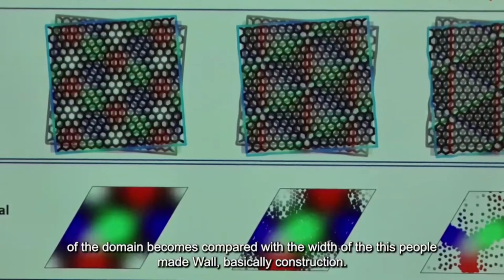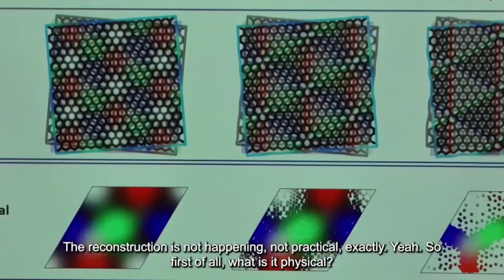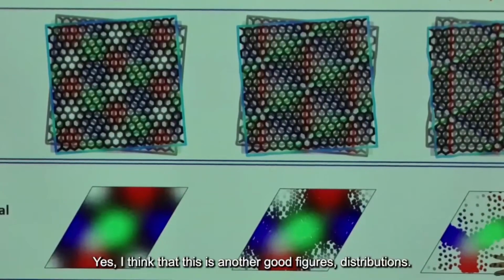In the bottom diagram, we have a configurational space, and there are a lot of discrete white regions interrupted by dark regions, especially in the fully relaxed plane. First of all, what is the physical meaning of the white region? Yes, I think this is another good figure. I was trying to plot the 3D distributions, but if you look at this one, the number of dots is basically the density of the distribution there.